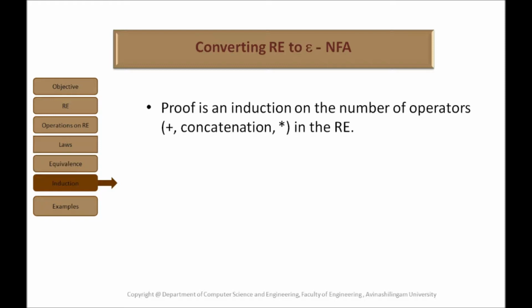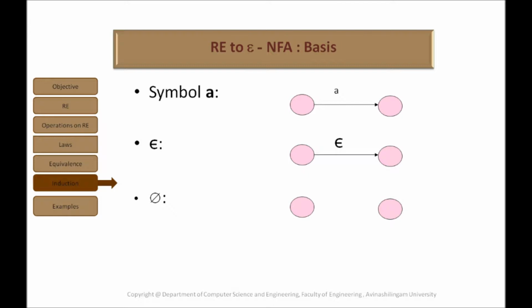First we will see the basis of the induction. If you have symbol A, it moves from one state to another state using A. If you have empty as a regular expression, then using empty it moves from one state to another state. If you have phi, that represents there is no transition between the states. This is the diagrammatic representation of this.